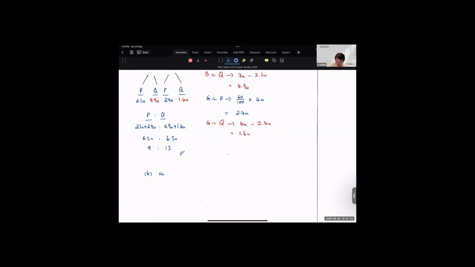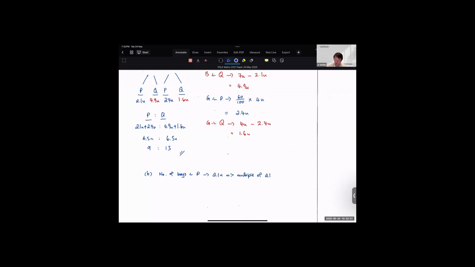So your number of boys in P represented by 2.1 units means that this is a multiple of 21. Okay, so you need to recognize that 2.1 units here will mean that the answer has to be a multiple of 21.